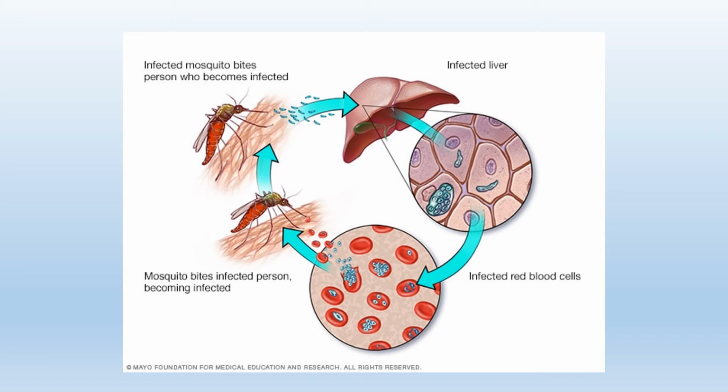Most of these are children under the age of 5. And it is such a problem that there are harmful genetic conditions like sickle cell anemia that persist in the human species because they offer resistance to malaria. They increase survivability.